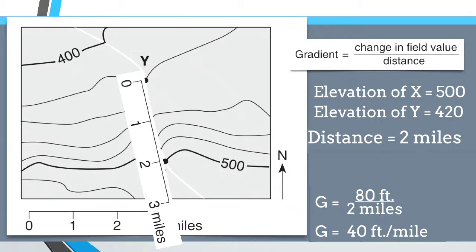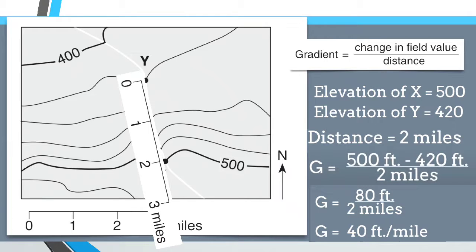That is 80 divided by 2 miles, so you get 40 feet per mile. What this means is that if you were to walk down this hill from x to y, for every mile you travel, you would be getting 40 feet lower. That's all, and thank you.